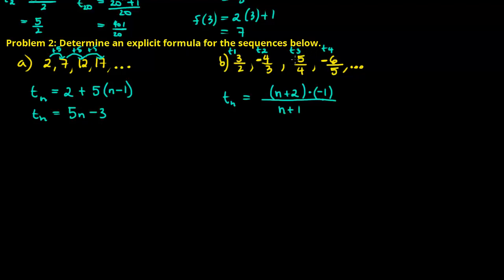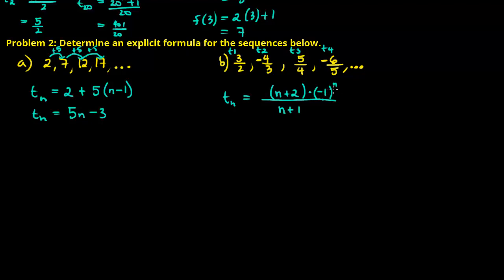So for odd terms, the numerator is positive, and for even terms, the numerator is negative. So one way to do that is just to have -1 to the power of n. But if n were 1, then this would be negative, -1 to the power of 1. So we don't want that. And if n were even, then this would be positive, because -1 to the power of some even number is just positive 1.